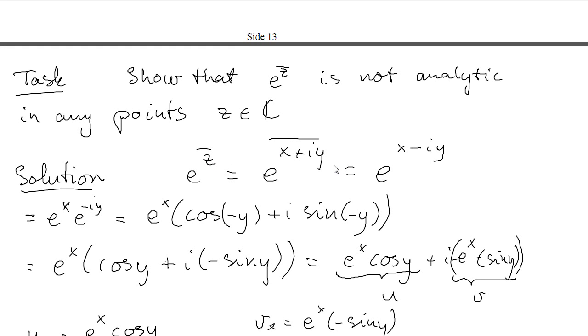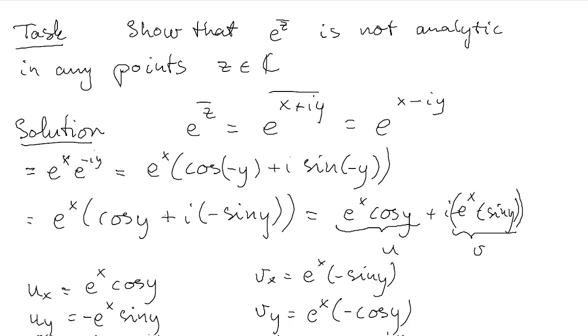So this can be written in this way. And after some manipulation, we obtain that the real part of this function is just the exponential function of x multiplied with cosine of y, and the imaginary part is minus the exponential function of x multiplied with sine of y.